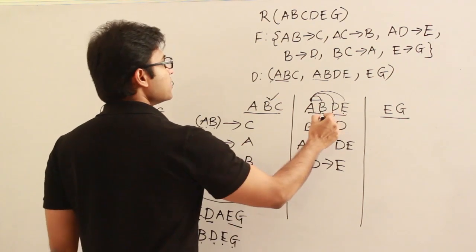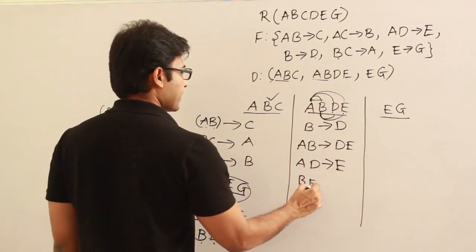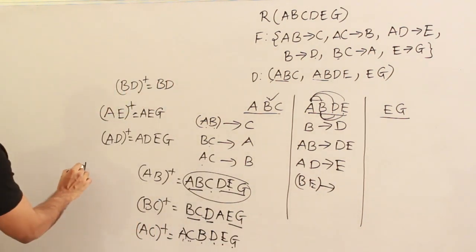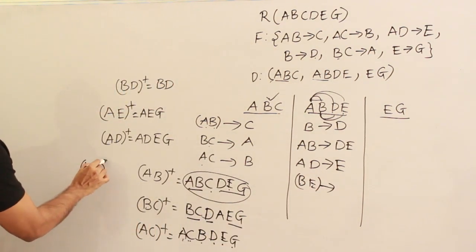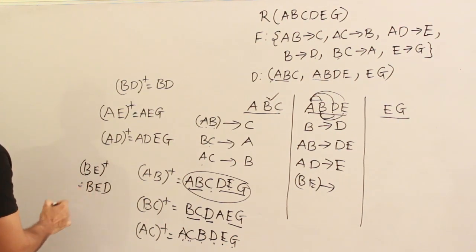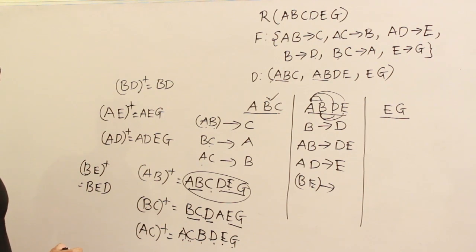And next one is BE. In order to find out, I have to find out BE plus, right? So what about BE? BE plus is, I get BE, and because of B I get D, and because of E I get G. Okay, that's it.